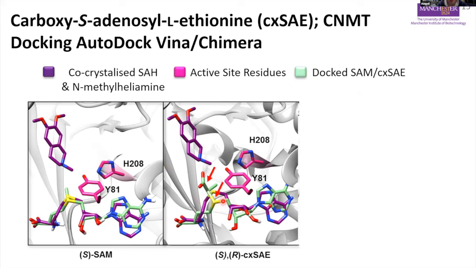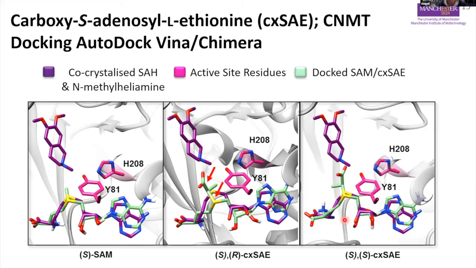So it's shifting away from the site of nucleophilic attack, with this methyl group directly in the way, blocking that attack anyway. With the SS carboxy-SAE, we see that it sits exactly where we want it to sit, with that methyl group pointing out of the way of the active site, primed for nucleophilic attack. So we estimate that CMOA would only form SS carboxy-SAE, and consequently CNMT will only accept SS carboxy-SAE to give you your R product.